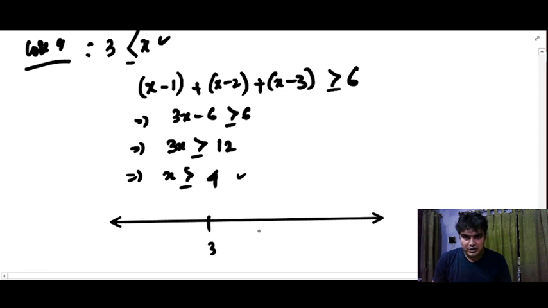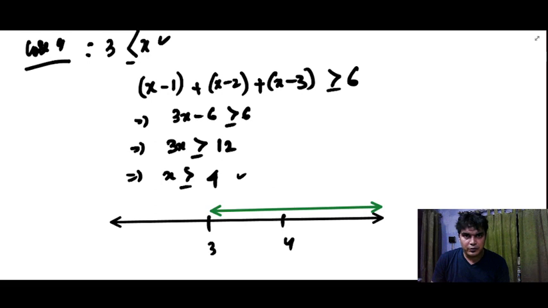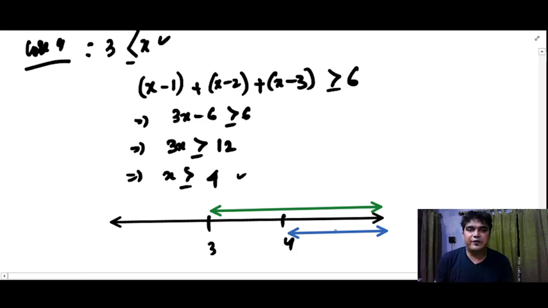So this is 3, this is 4, and this time I'm going to use green color. x greater than or equal to 3 gives me this particular portion, okay? And x greater than or equal to 4, I'm going to use this particular portion, yeah, this one. Do they have any common point? Yes, of course they have common points.